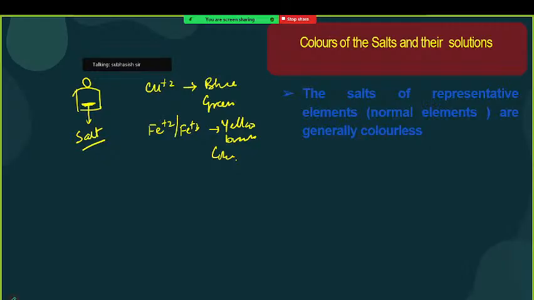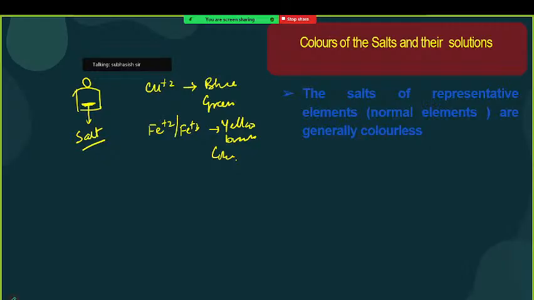There are so many other salts with color. Copper salts are green, and so many chromium salts are also green. Ferrous and ferric salts are yellow-brown, and many lead salts are also yellowish and brown.